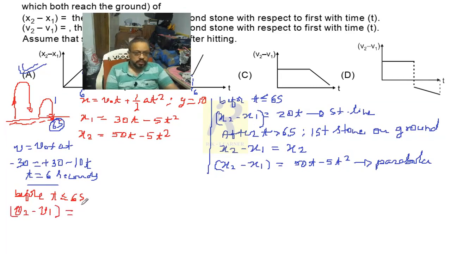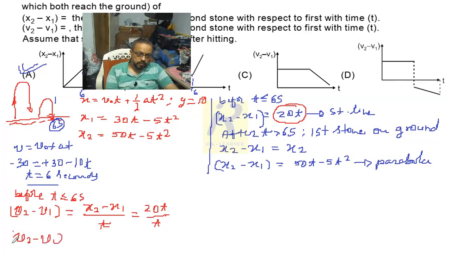x2 minus x1 divided by t. Now x2 minus x1 is nothing but this much within 6 seconds, which is 20t divided by t. So to do further, V2 minus V1 will be plus 20.